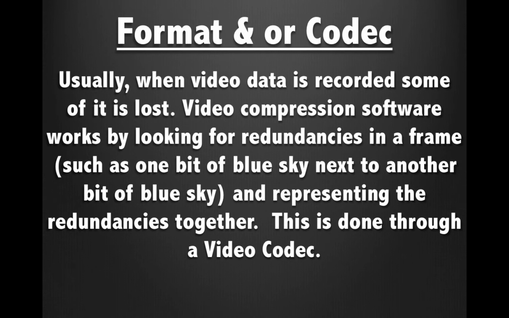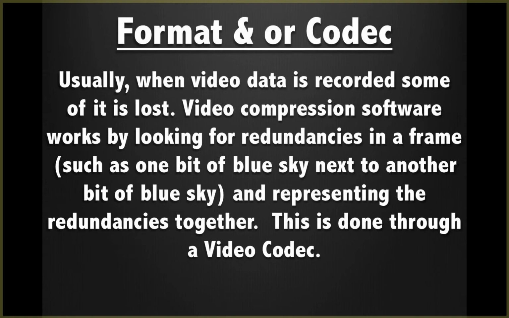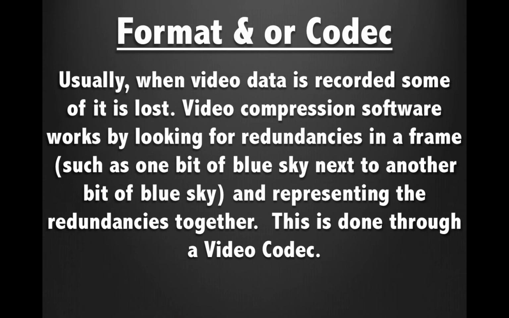And there are lots of codecs out there. It's almost like the Wild West because everybody is trying to find the best codec. At the moment, the number one codec is a format called H.264. But I have a feeling that its days are numbered.